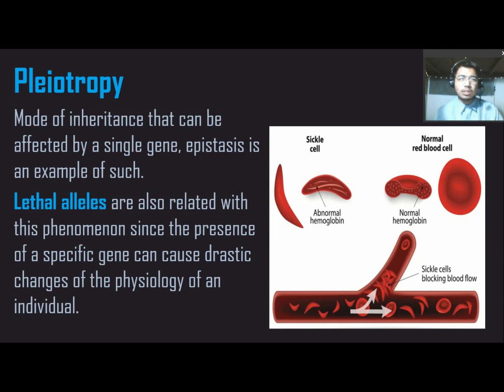Just like in this particular example, the presence of sickle cell anemia. Sickle cell anemia is an example of a mutation that is present on the hemoglobin.